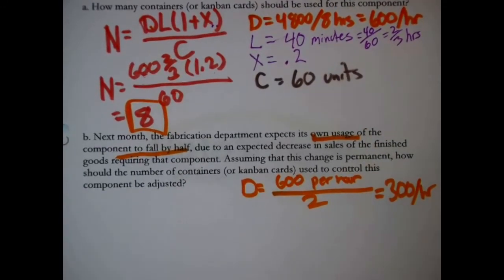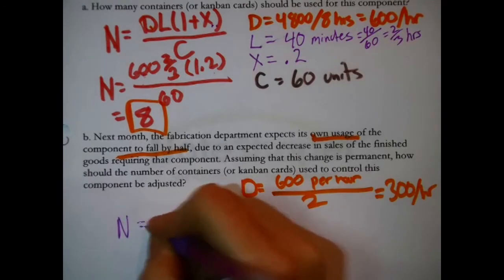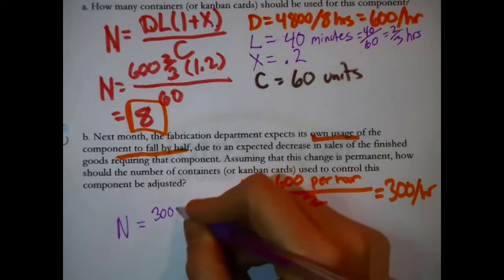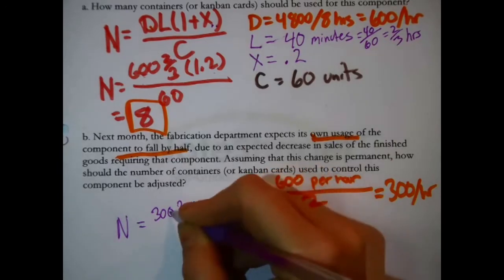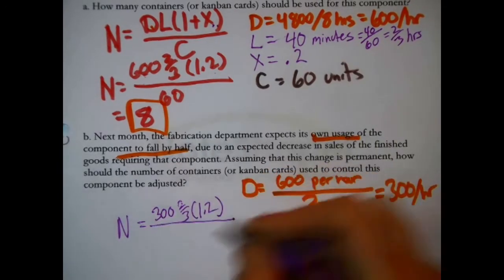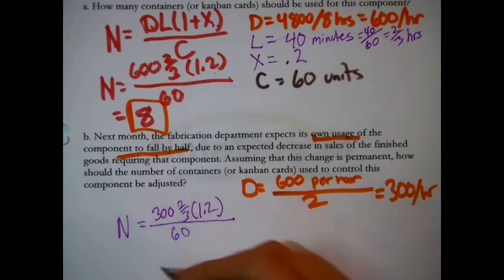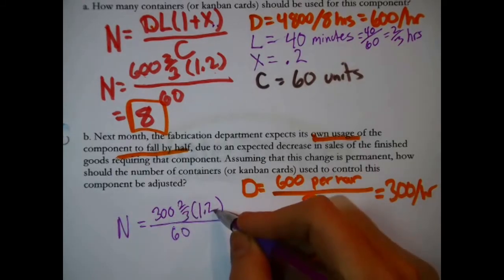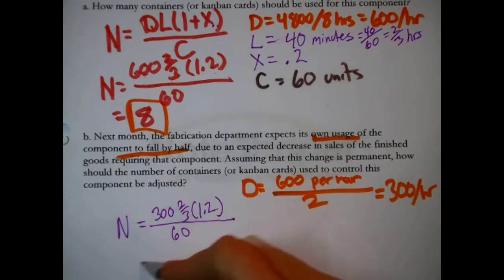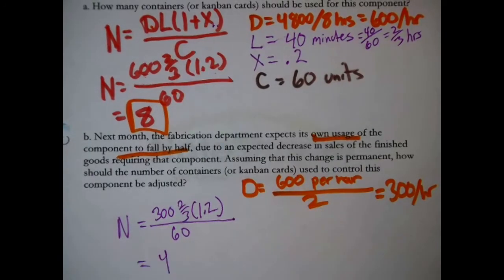Everything else is the same, so why don't I just work the formula again, but with a 300 times 2/3 times 1.2 across the top, divided by 60. So I get that's like 240 across the top here, divided by 60, or 4.